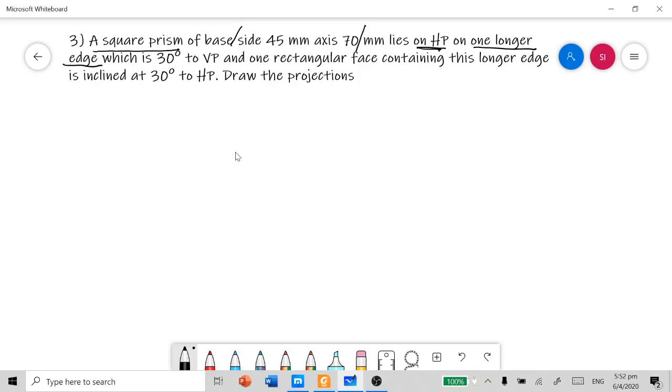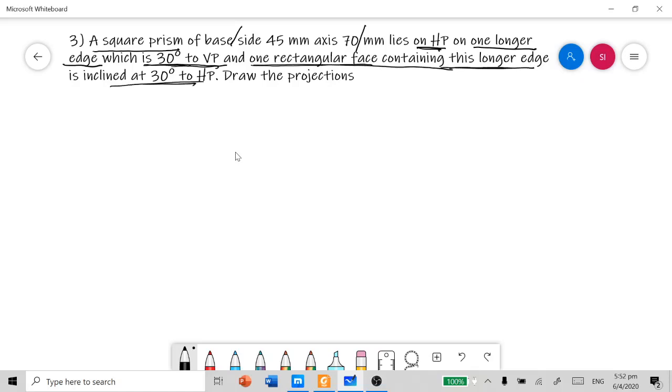Out of this, one longer edge is going to rest on the horizontal plane. At the same time, that resting longer edge is making 30 degree to VP. At the meantime, one rectangular face containing this resting longer edge is inclined at 30 degree to HP.